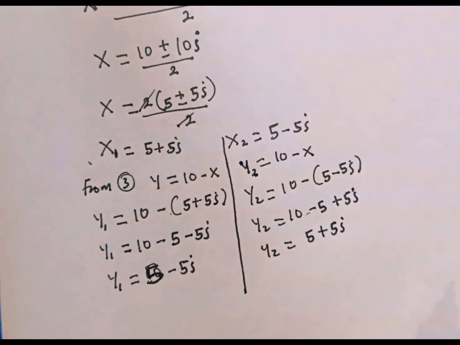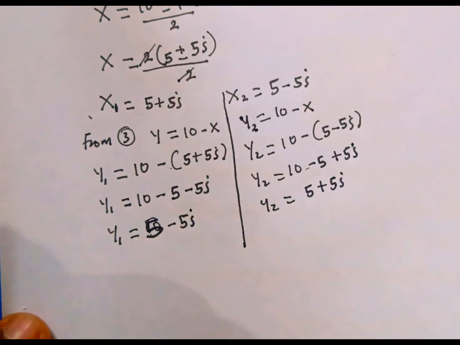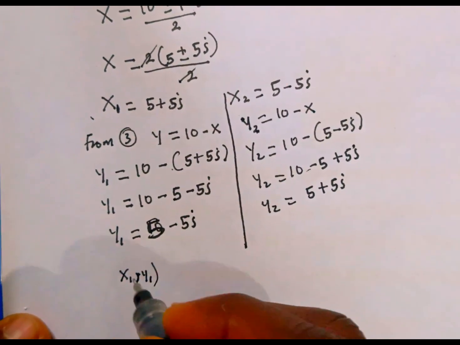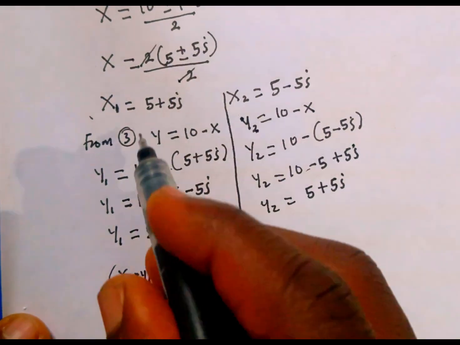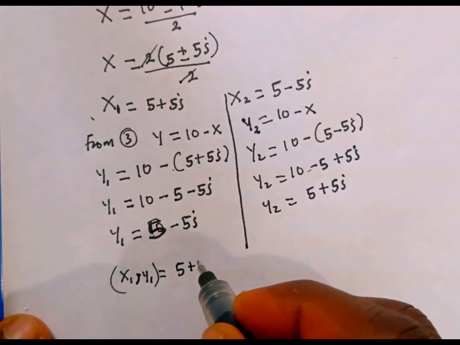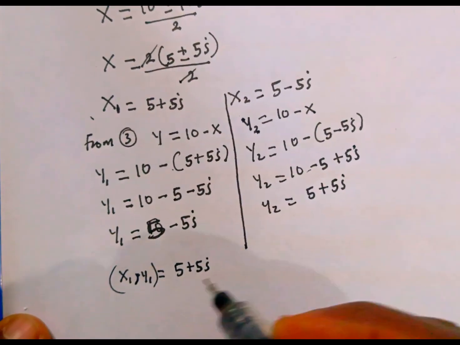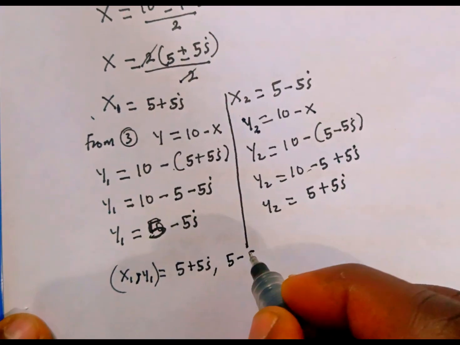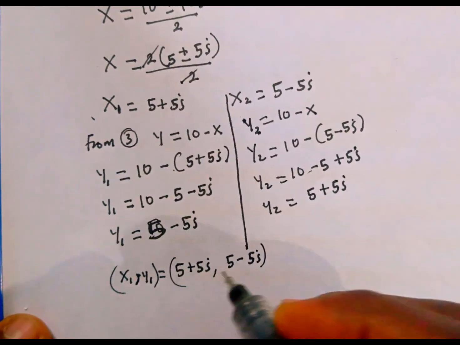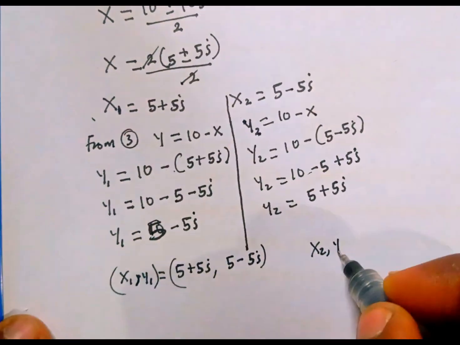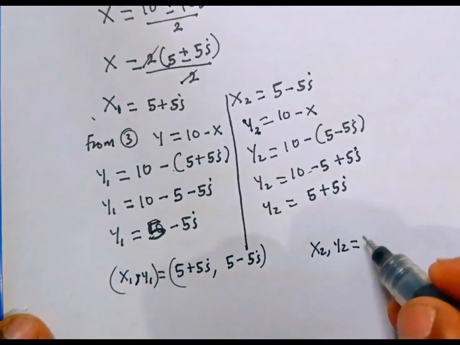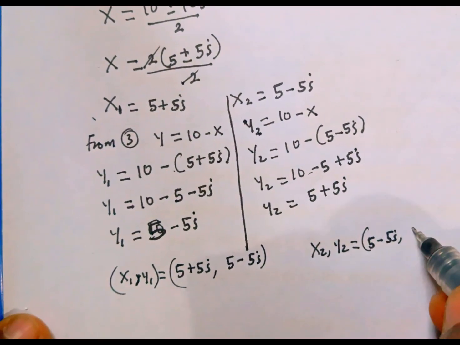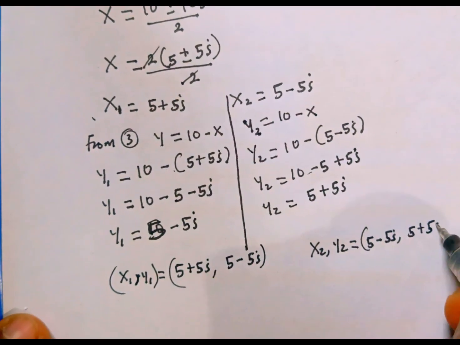Now we need to write it in the normal way. First, we have x1, y1, which is equal to 5 plus 5i, comma, 5 minus 5i. Then our x2, y2 is the same as 5 minus 5i, comma, 5 plus 5i.